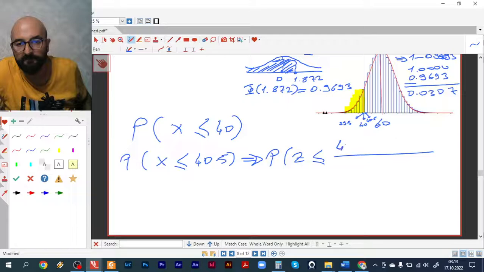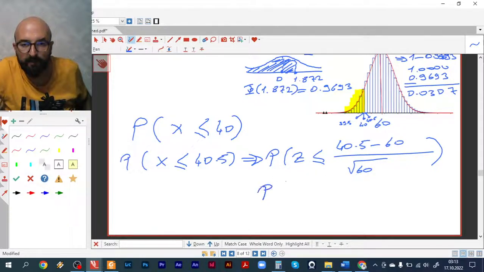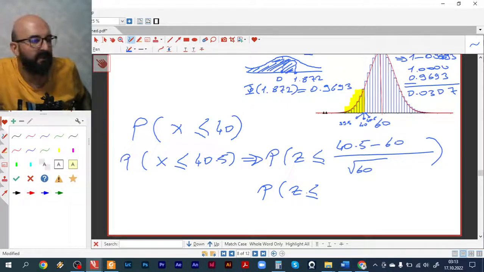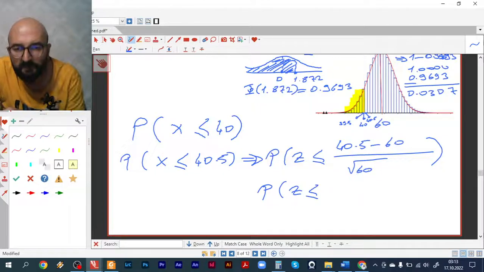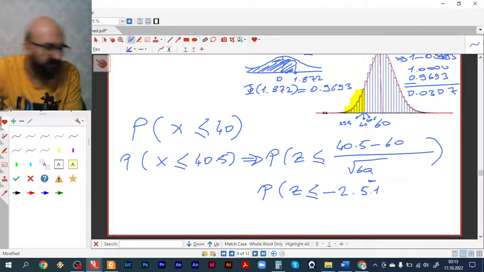The probability of z less than or equal to (40.5 minus lambda) over the square root of lambda. The result of this section is z less than or equal to minus 2.517.